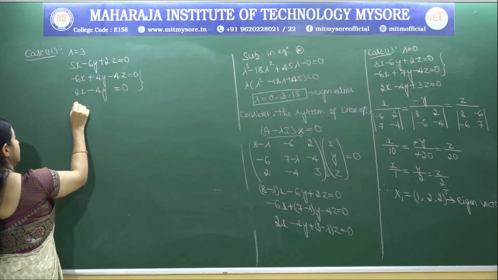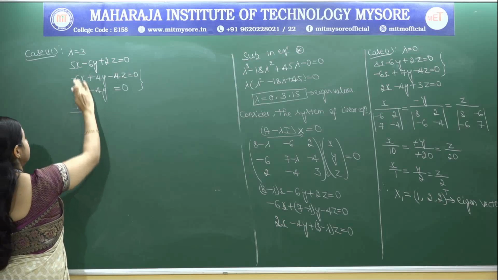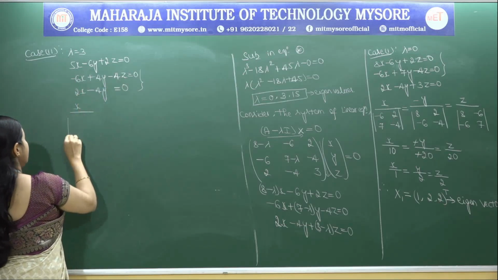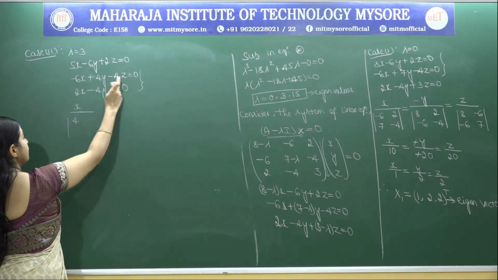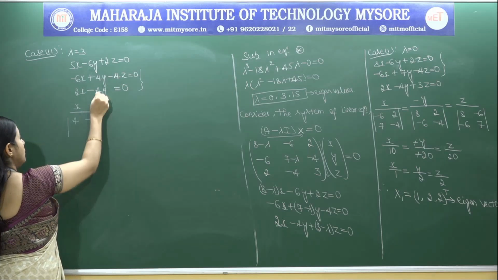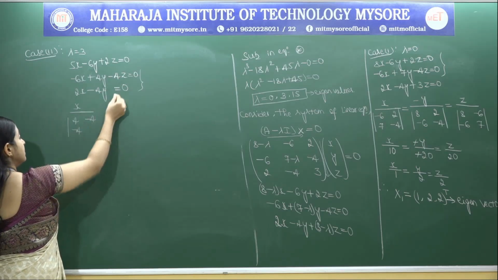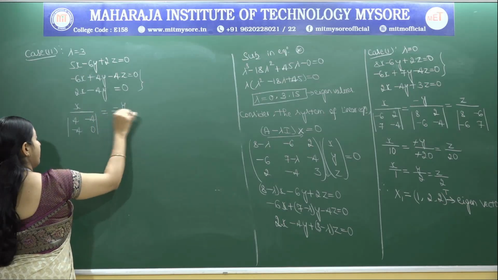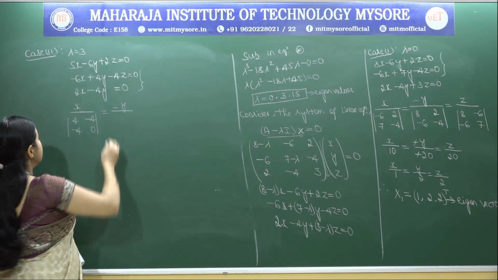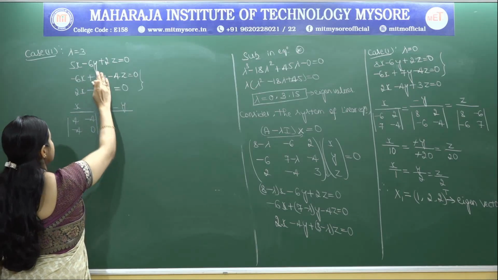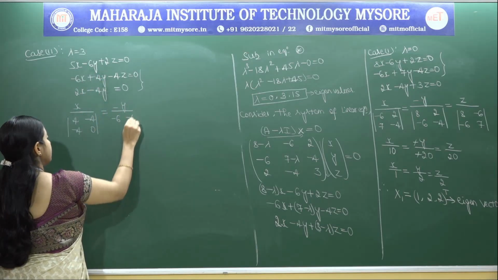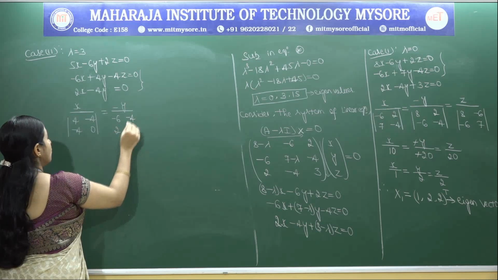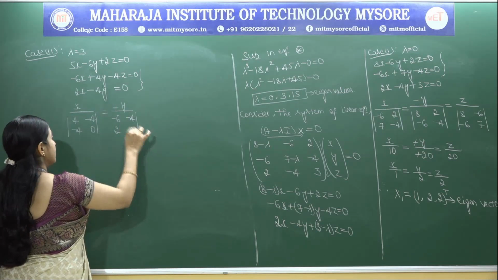The first one, x divided by: delete this column and take the determinant, with y coefficients 4 and minus 4, and z coefficients minus 4 and 0. Similarly, the second one, minus y divided by: delete this term, minus 6, minus 4, 2 and the z coefficient is 0.